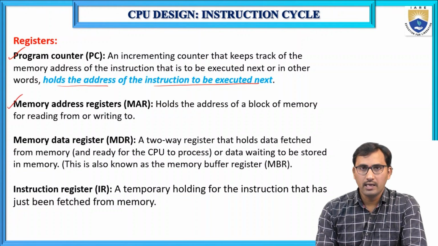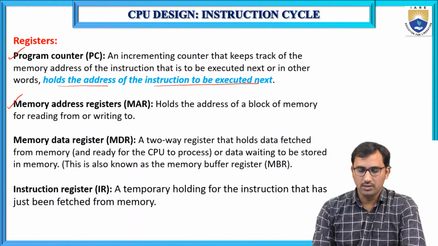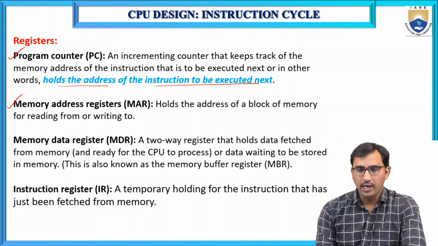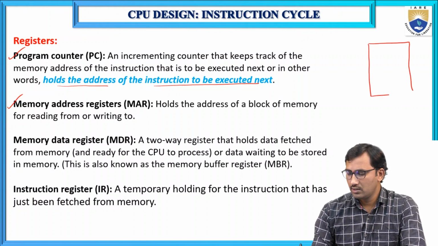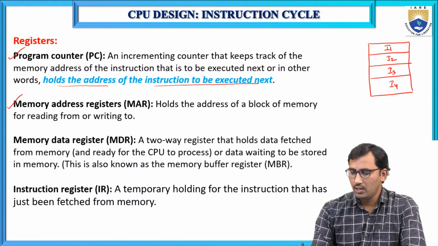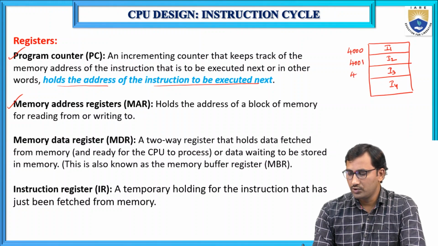Next one, the memory address register. This memory address register holds the address of a block of memory for reading from or writing to. You can understand this with the memory, which consists of several memory locations: the first instruction I1, I2, then I3, I4, with addresses 4000, 4001, 4002, 4003.